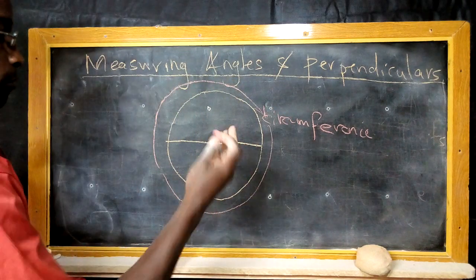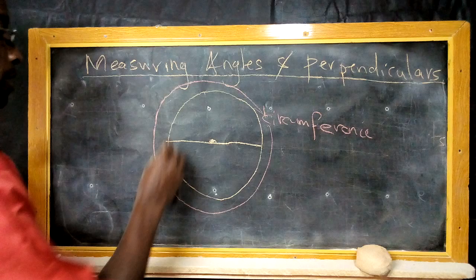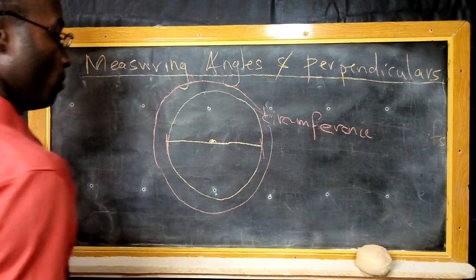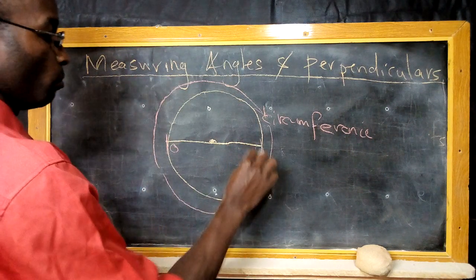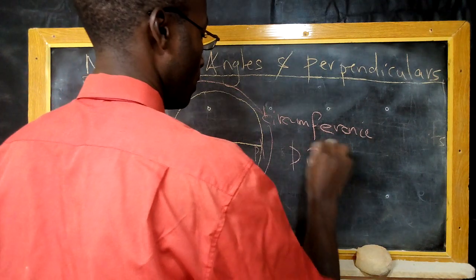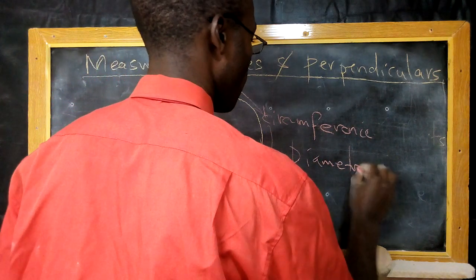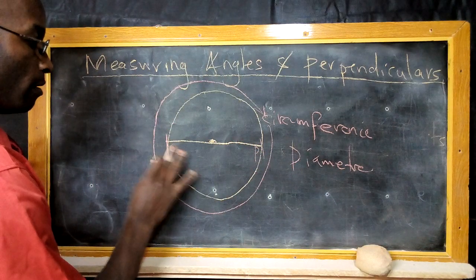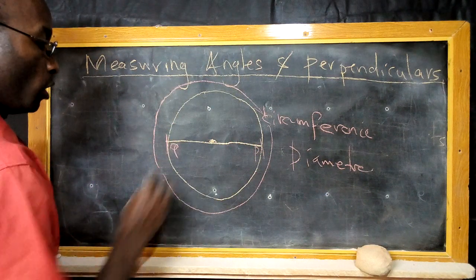It can start from another point. So in that case, this second line, from maybe point O to P, is known as a diameter. Or maybe I can just say from point P to Q is a diameter.